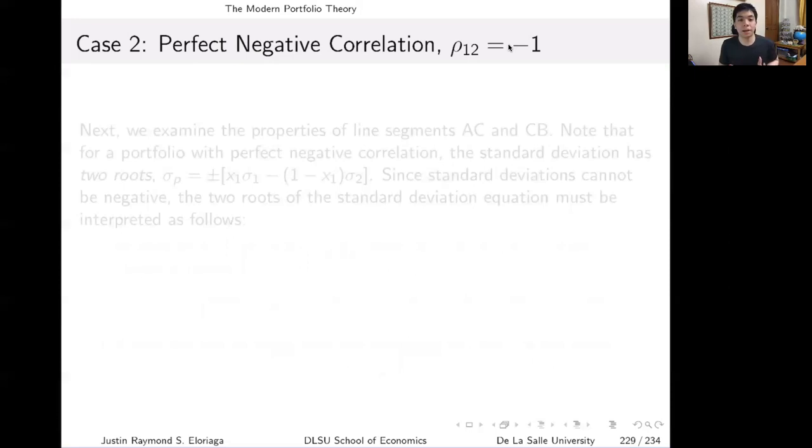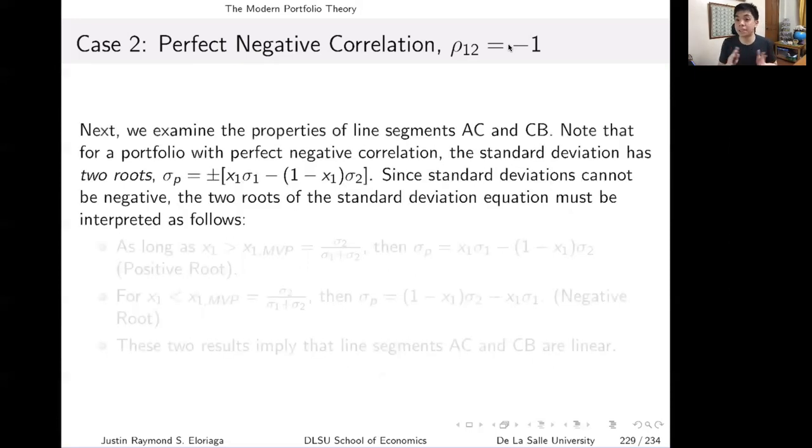Now, let's examine the properties of the line segments. As I said, you have generally two line segments there. One that is positively sloped, which is your AC, and one that is negatively sloped, which is your CB. Note that for a portfolio with perfect negative correlation, the standard deviation has two roots, a positive root and a negative root.